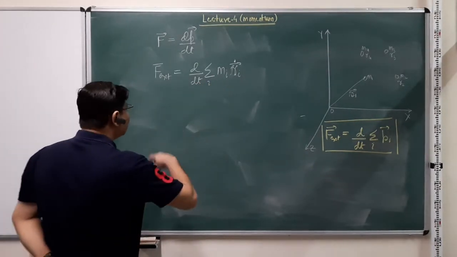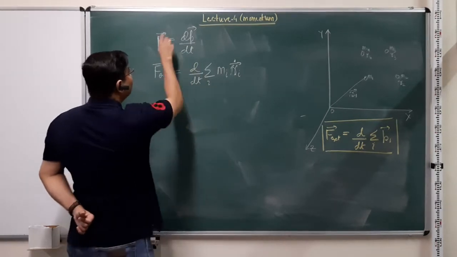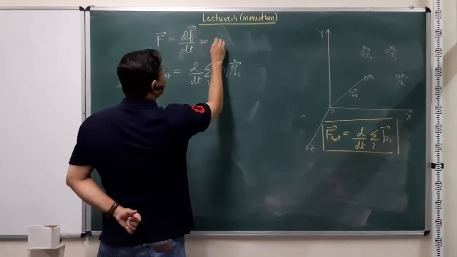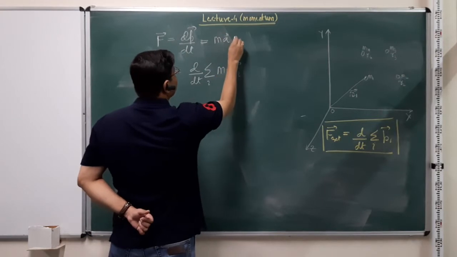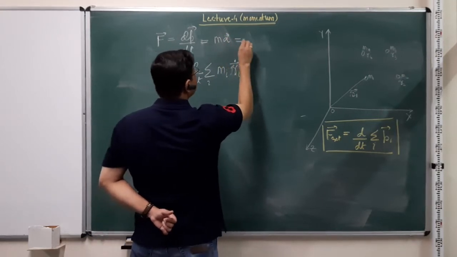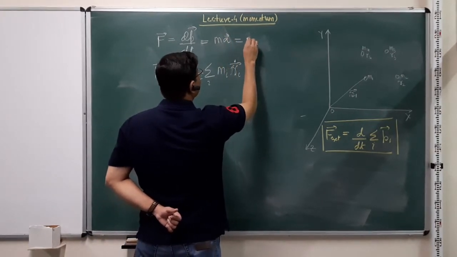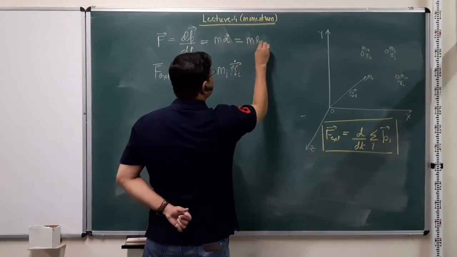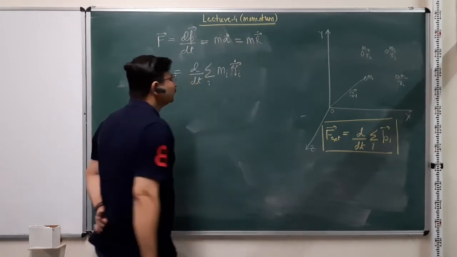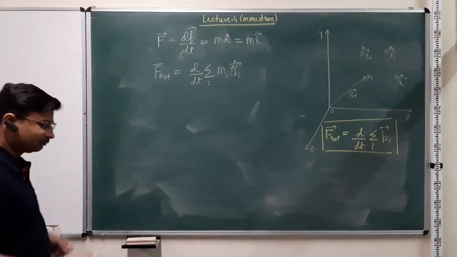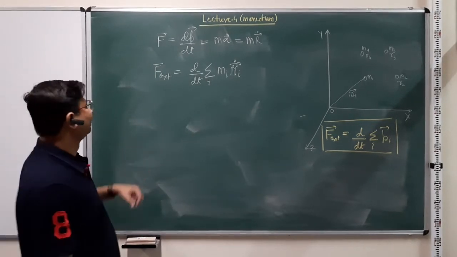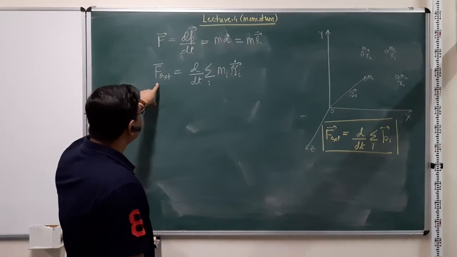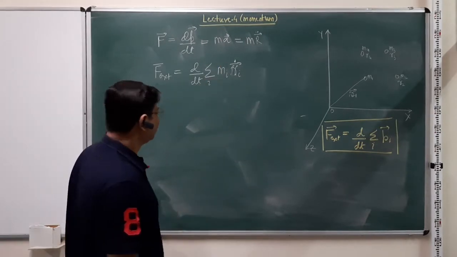Now we also know that this equation we could have written as ma. In many cases this is more or less the correct equation, and I can write it as m r double dot, an acceleration vector. So can I represent this equation in terms of that?